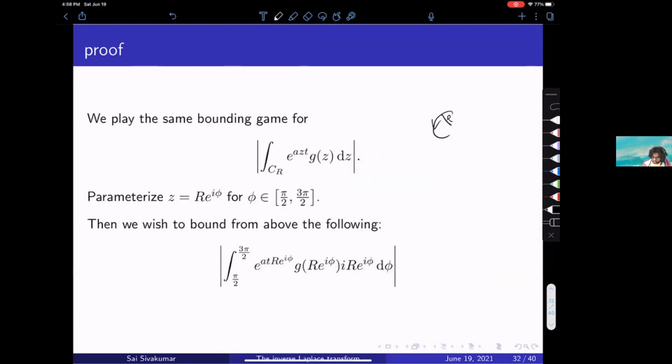And then we'll take the absolute value of the integrand with all of this said. So if I do z equals this, you have to also remember the dz part is i r e to the i phi. So that thing comes to here, and there's a d phi in there somewhere. So then this thing goes to here, this thing goes to there. That's just parameterization.